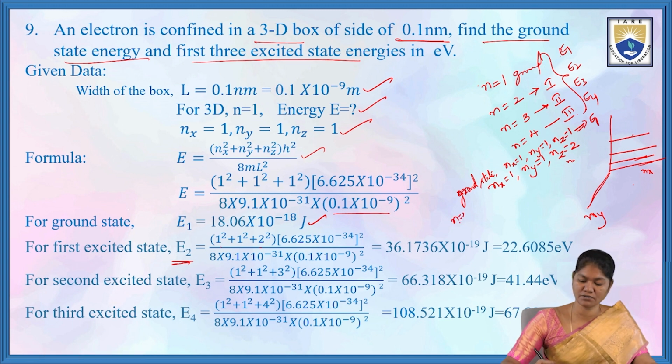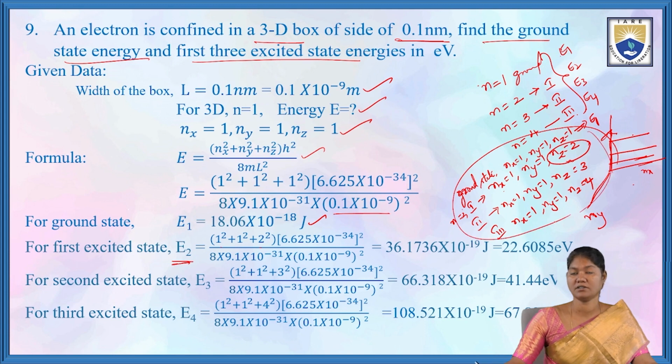For the first excited state, nx equals 1, ny equals 1, nz equals 2 because it is excited in the z direction. For the second excited state, nx equals 1, ny equals 1, and nz equals 3. And for the third excited state, nx equals 1, ny equals 1, and nz equals 4. So likewise, the n values have to be taken.